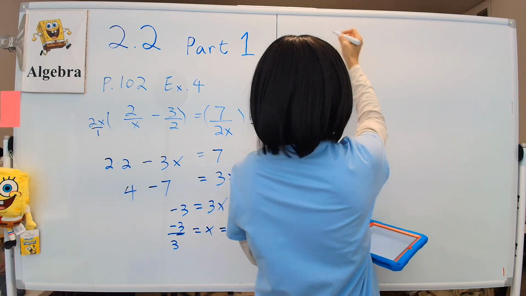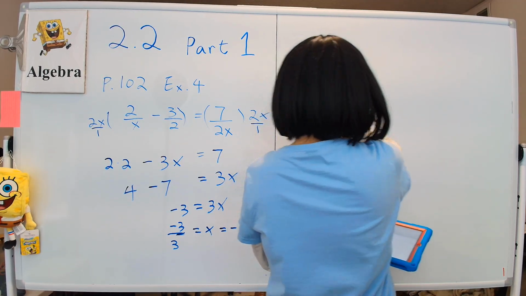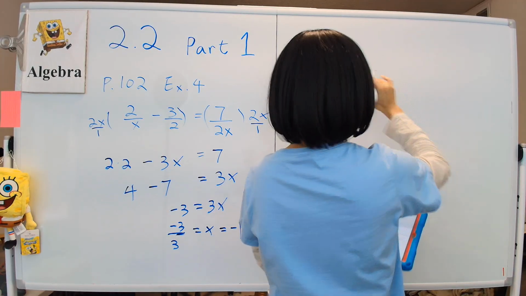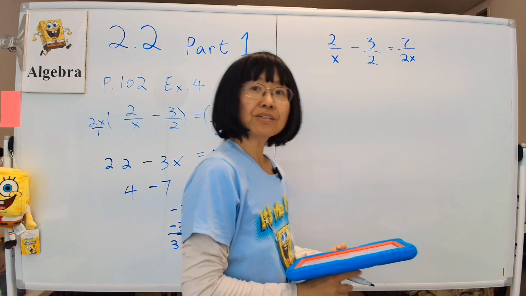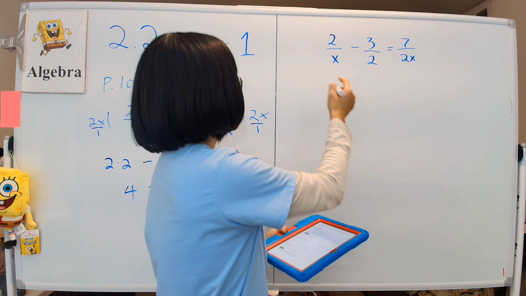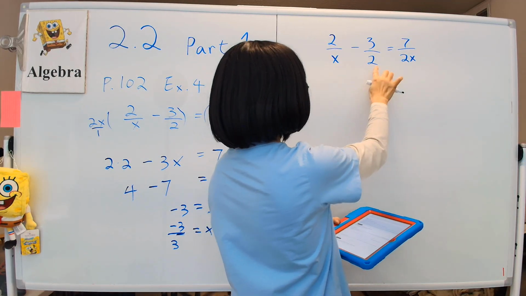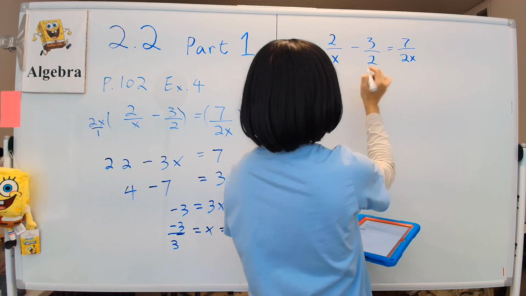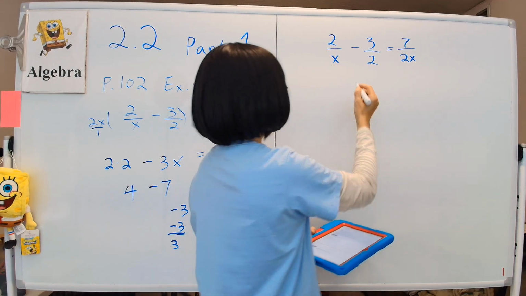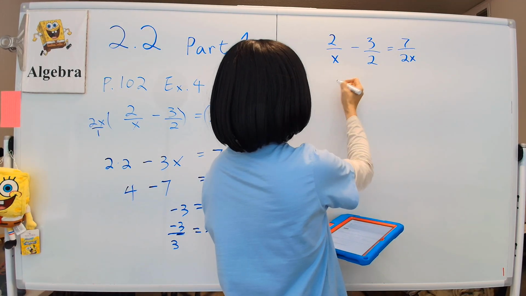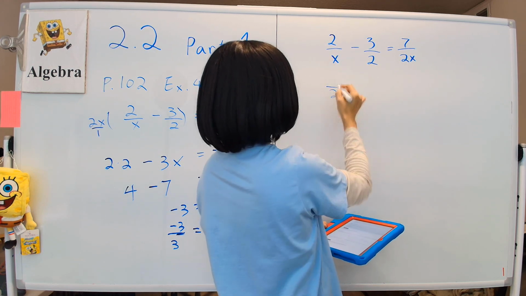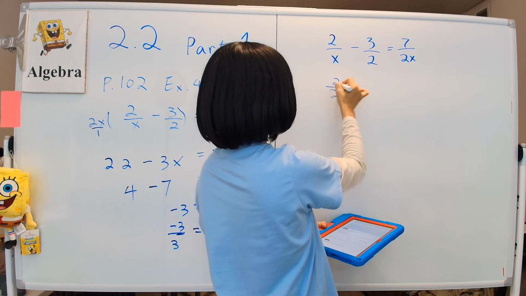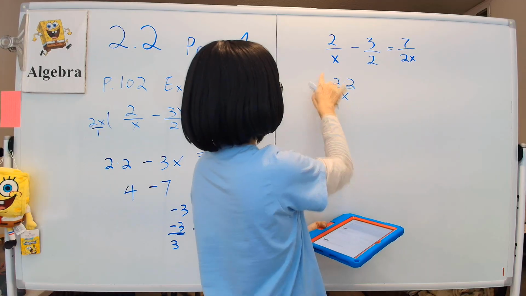Okay, let me rewrite the problem here. Using the previous approach, we have x, 2, and 2x, so we'll make everything into 2x. To turn everything into 2x in the denominator, we have to multiply 2 on top, so that this is the same as that thing.